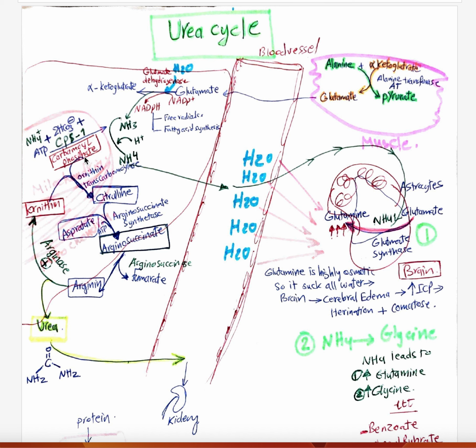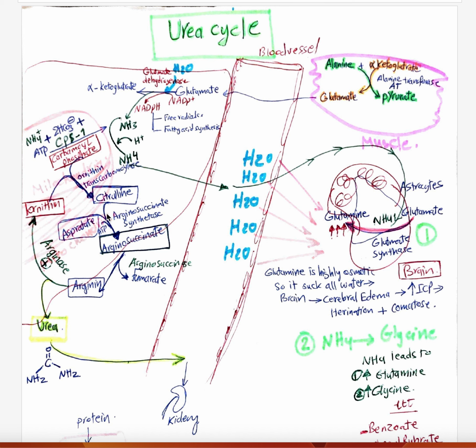So carbamyl phosphate goes outside the mitochondria into the cytosol of the hepatocyte, and with ornithine, by the ornithine transcarbamylase enzyme, that leads to the formation of citrulline.